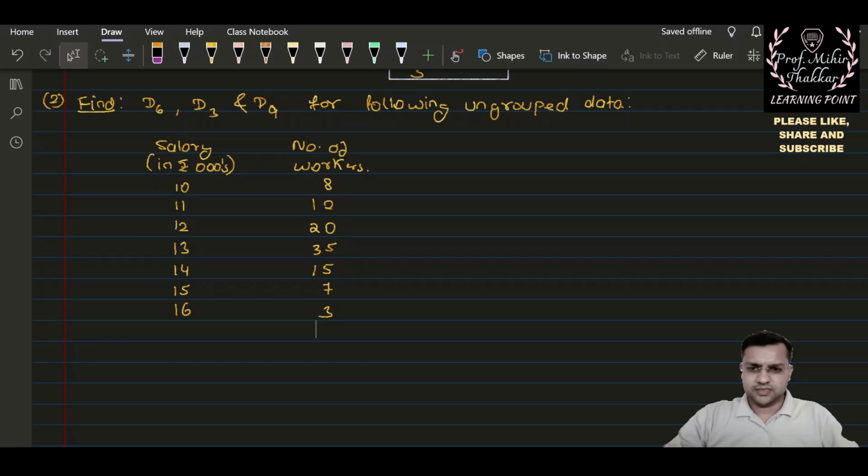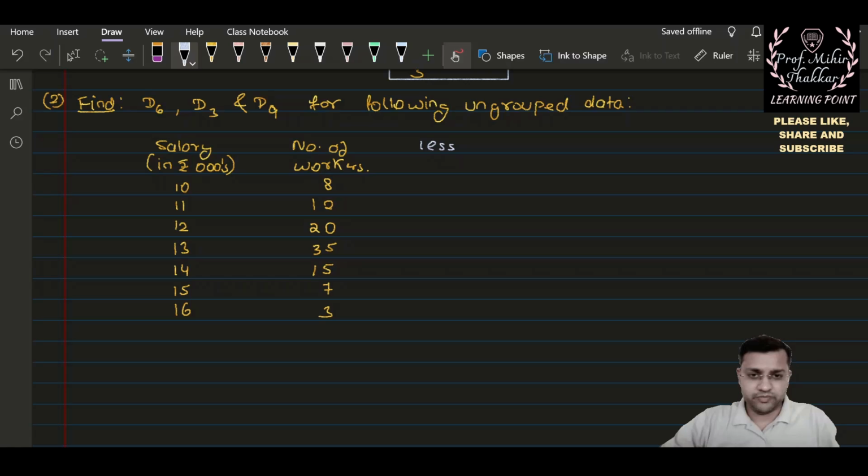Yes friends, the next example that you have is based on the discrete data or the ungrouped data, as you all call it. Whenever we come across a discrete data or ungrouped data, the first thing we have to do is to make the cumulative frequency column of less than type.